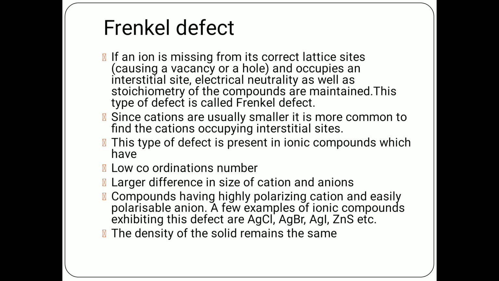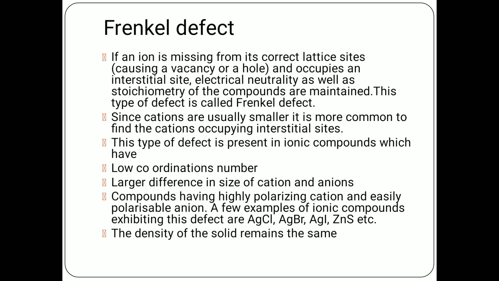Since the cations are usually smaller than the anions in general, the cations leave their lattice point and enter into the interstitial site, creating a vacancy at the lattice point and an excess ion in the interstitial site.